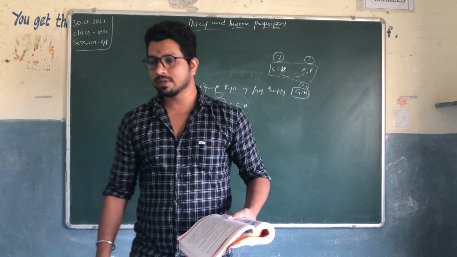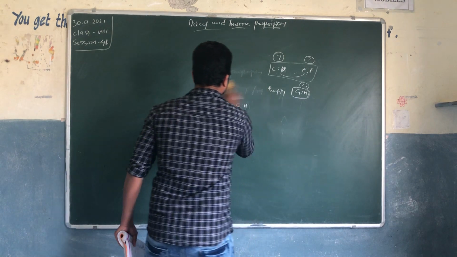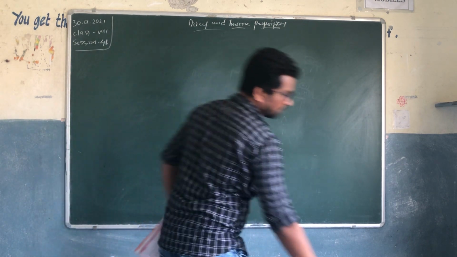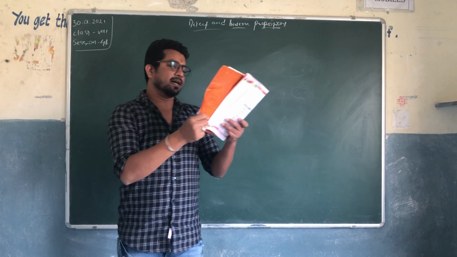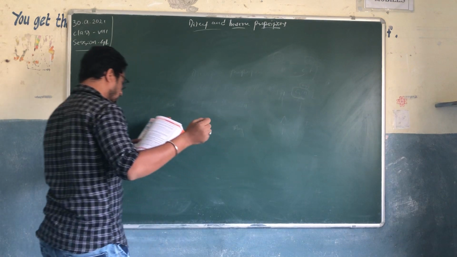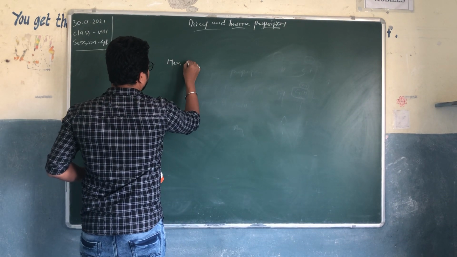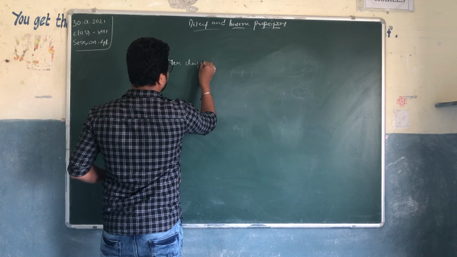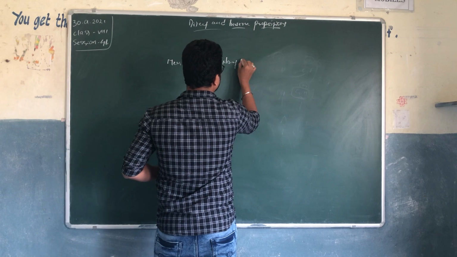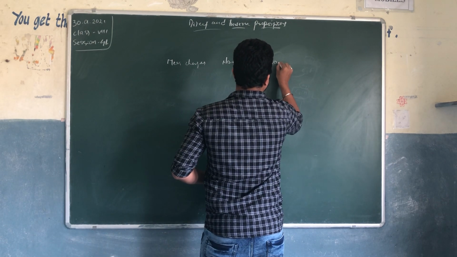We'll move to the first problem now and see how it works. Consider the mess charges of 35 students for 24 days is 6,300 rupees. So we have mess charges, number of students and number of days.